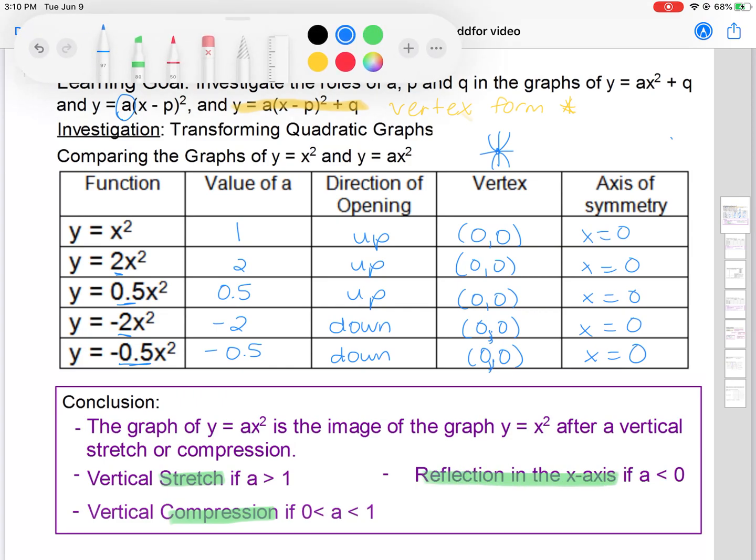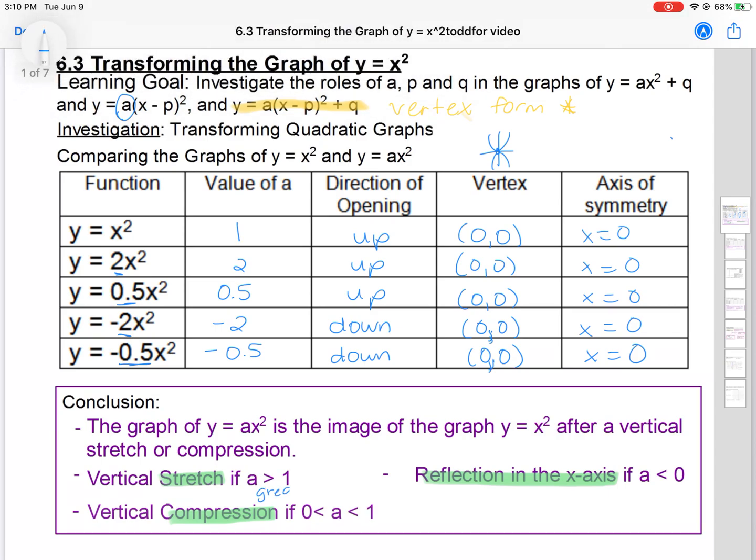All right, so this means if you have a number greater than 1, that's a stretch, and less than 1 would be a compression. So stretch would be what you could call skinnier, and a compression would be a little bit wider, and reflection in the x-axis means opens down, so when the a value is negative. Okay, so we're going to try to use these math terms.